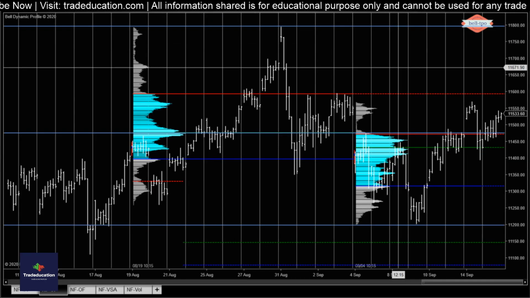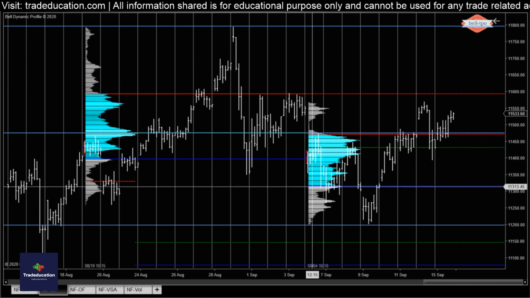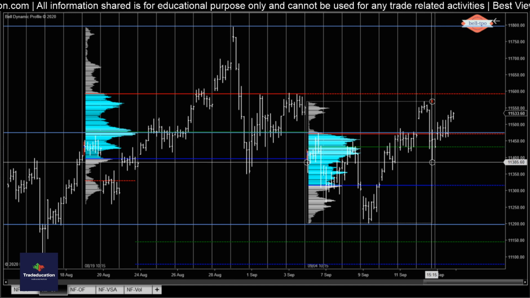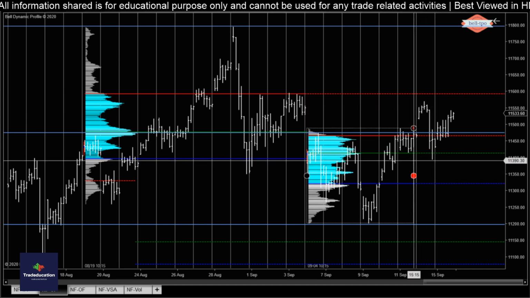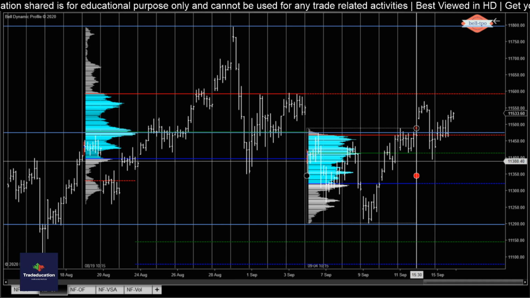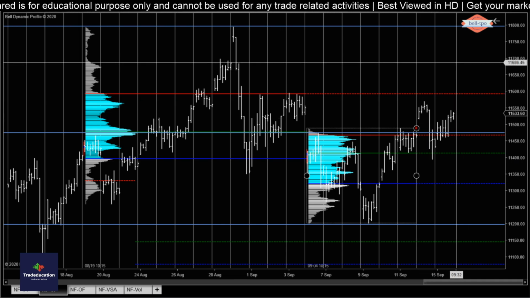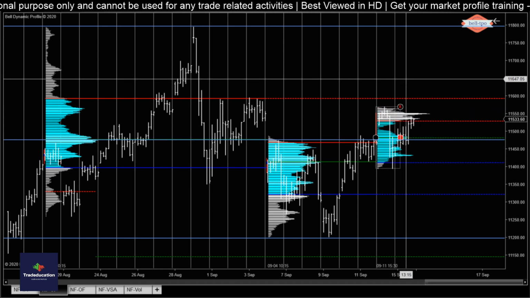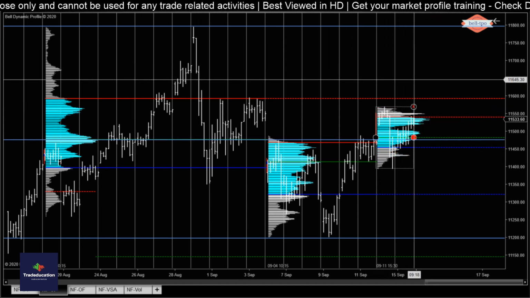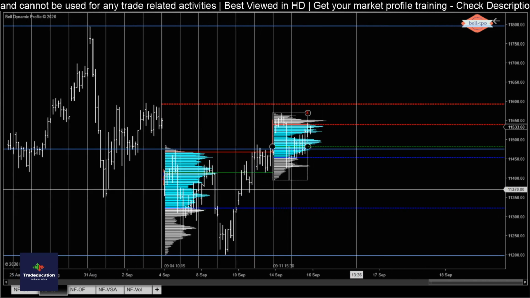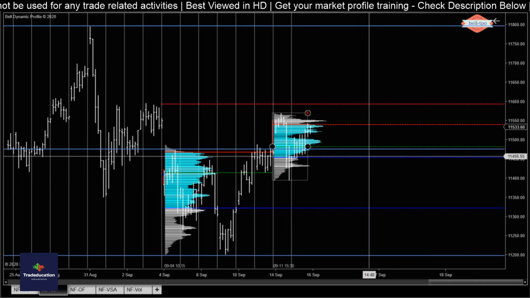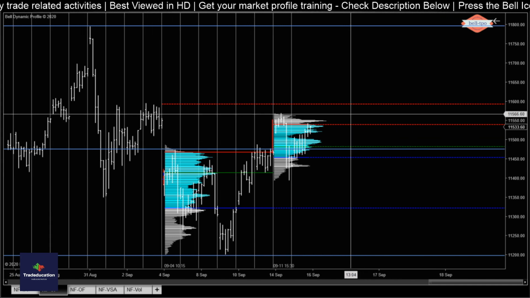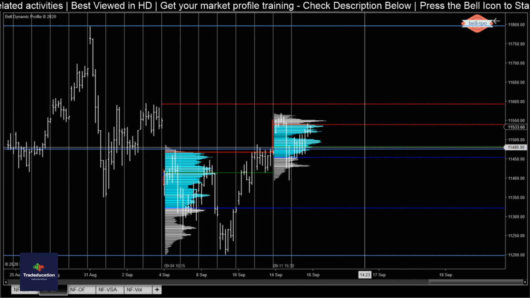Now let me do one thing. This is that second balance. Let me add one more volume profile chart for yesterday's two-day auction, because now I'm considering this as a two-day balance. Here, this is the balance high, this is the balance low, this is the VPOC.